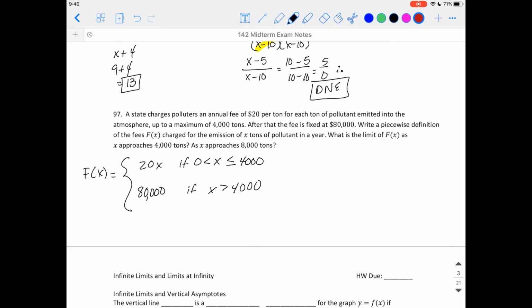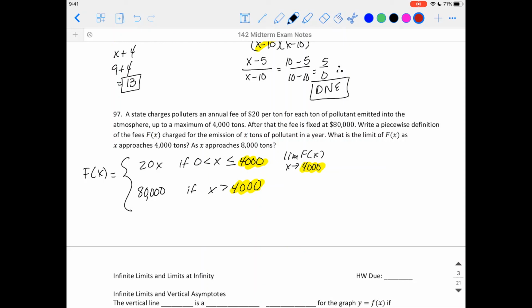And what is the limit of f of x as x approaches 4,000 tons? Okay, so we need to find the limit of f of x as x approaches 4,000. Since 4,000 is the threshold between these two pieces of this piecewise function, we need to use both equations.